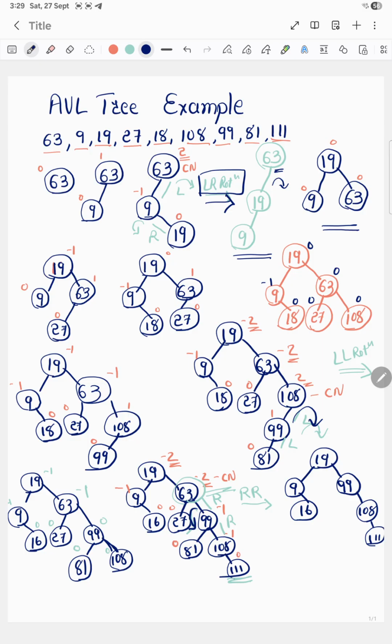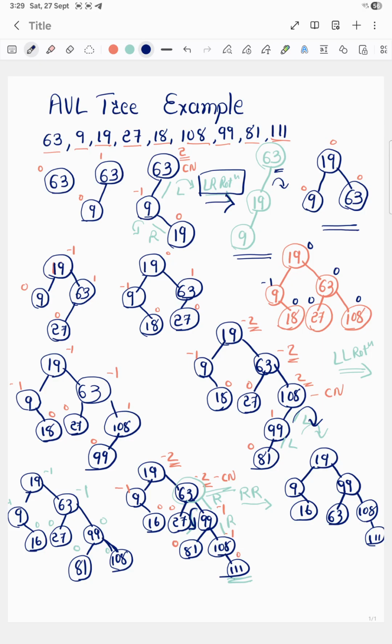Now 63 will become the left child of 99, right. Then what about 81, because 81 is earlier the left child of 99, right.